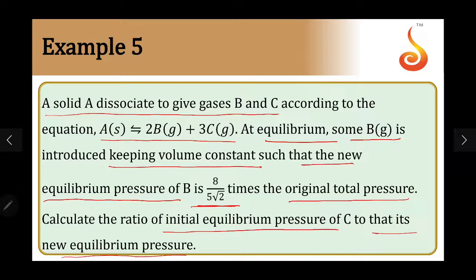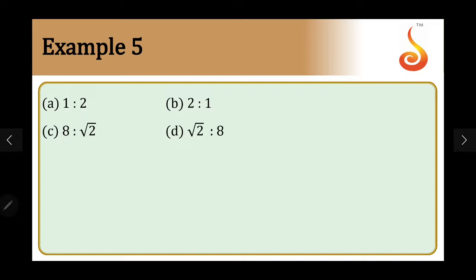So we have to calculate the ratio of the initial equilibrium pressure of C to the new equilibrium pressure of component C. Okay, so we'll go to the solution. Options are given: 1:2, 2:1, 8:2, and root 2:8.